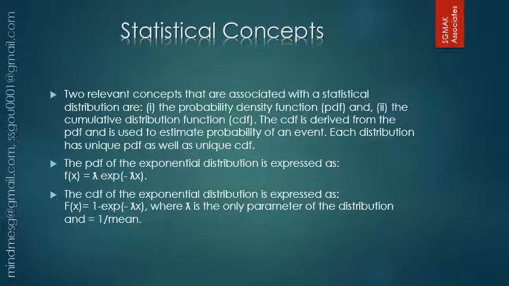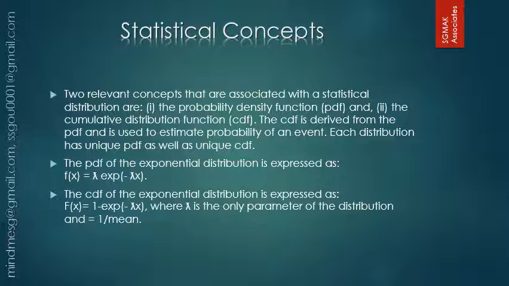Two relevant concepts that are associated with the statistical distribution are the probability density function and the cumulative distribution function. A random variable will be modeled by a statistical distribution. A statistical distribution has a probability density function for a continuous distribution, or a probability mass function for a discrete random variable, and the cumulative distribution function, CDF.